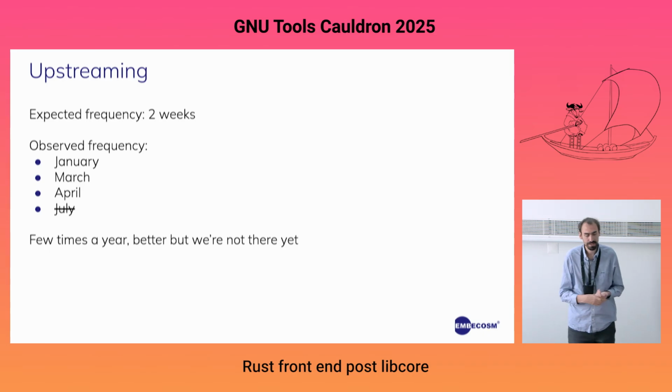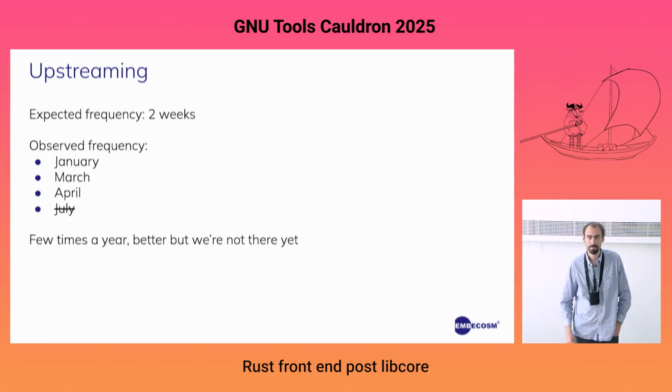I cannot guarantee a 2-week window for upstreaming, but we'll try to get it a lot shorter. You'll note that July has been struck through because we were ready to upstream some patches, but there was a little misunderstanding with the release manager, so we did not upstream even though we could.